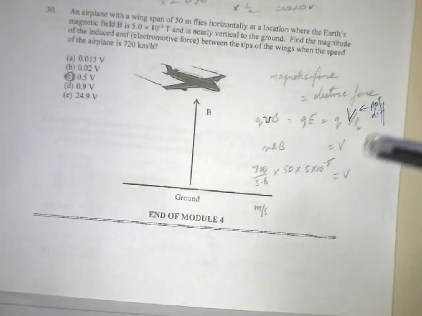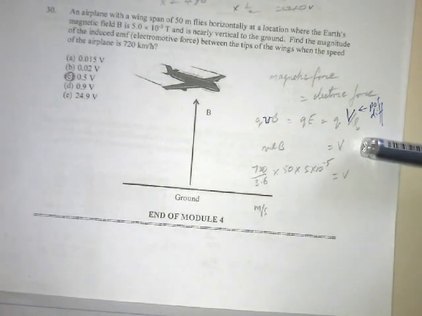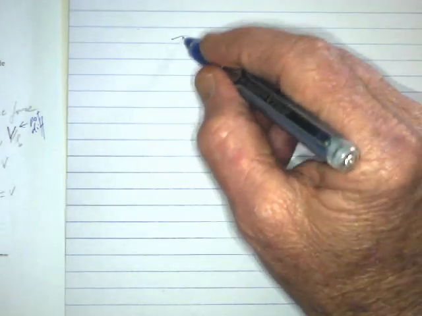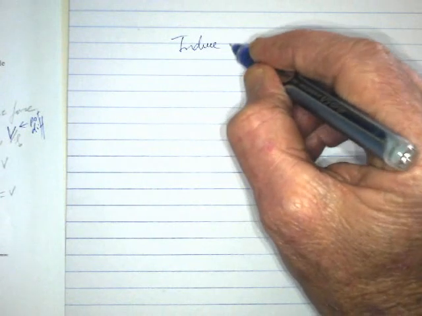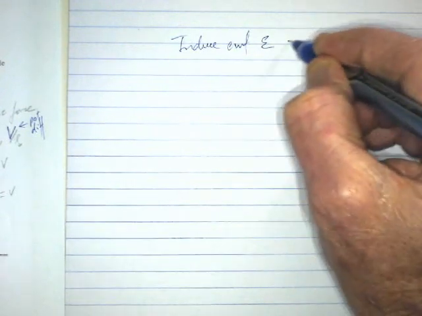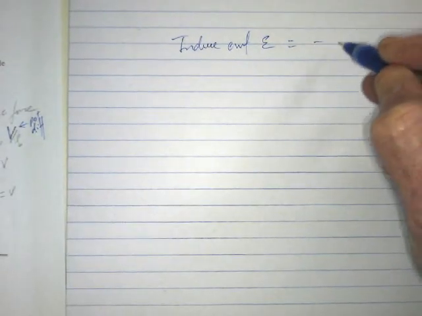Now, if you had done it from the magnetic flux perspective, the induced EMF should equal minus the change in magnetic flux with time.